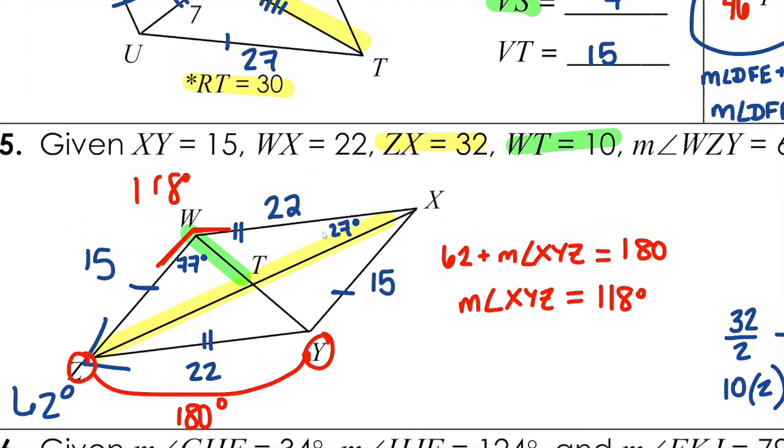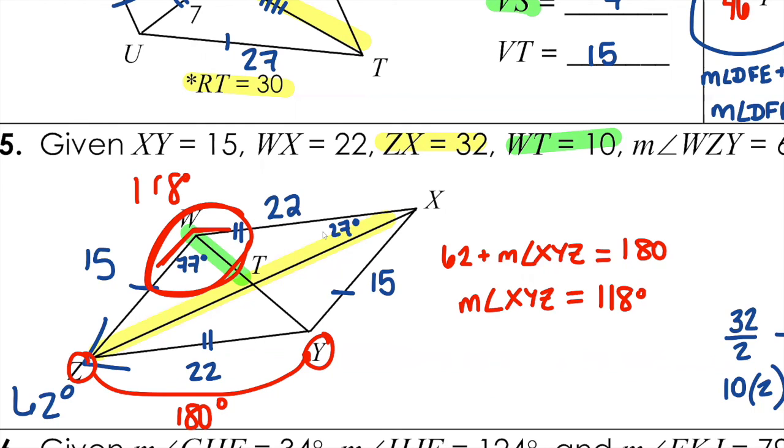What else do we know about that angle? What else has happened to that angle? The angle's not bisected in a parallelogram, but it is being intersected by that diagonal. And if 77, so this full angle measures what?